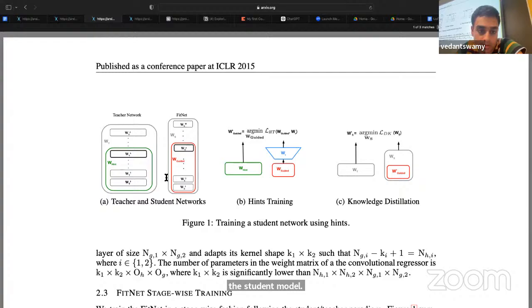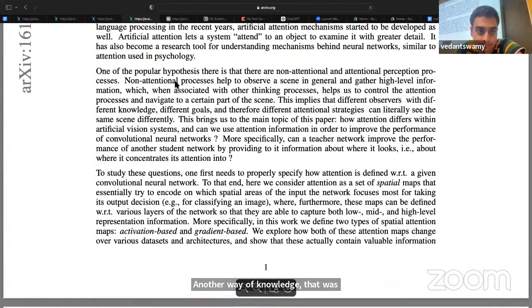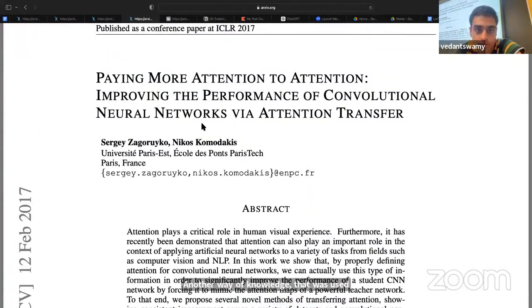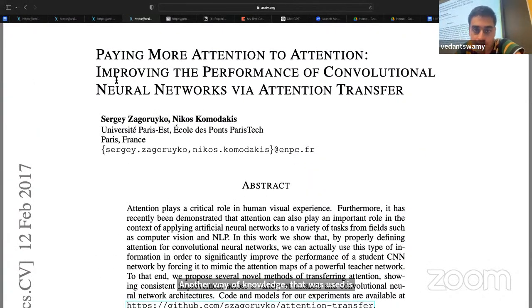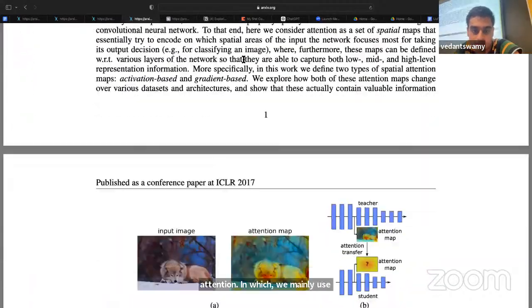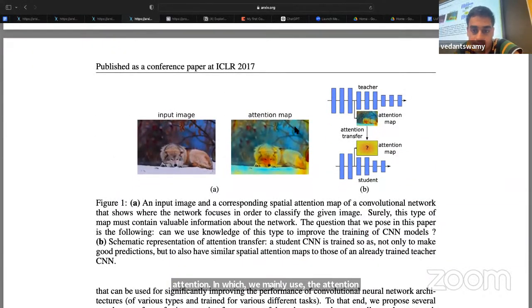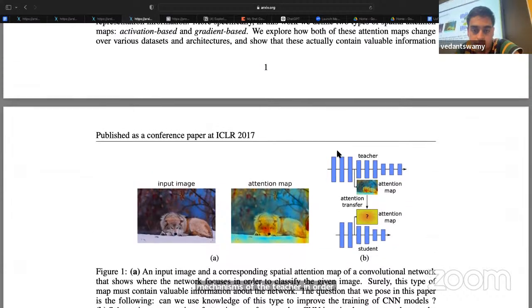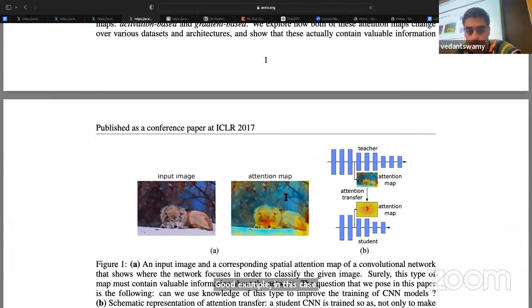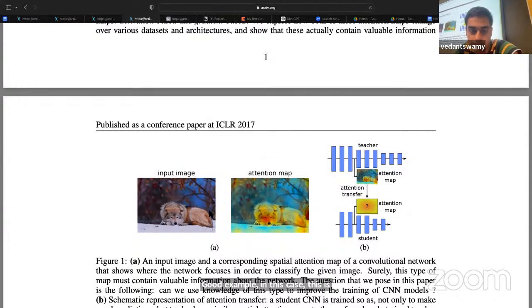Another way of knowledge distillation that was used is in the paper titled Paying More Attention to Attention, in which we mainly use the attention mechanisms of the teacher in order to match those of the student. For example, in this case, this is an attention map of the input image.